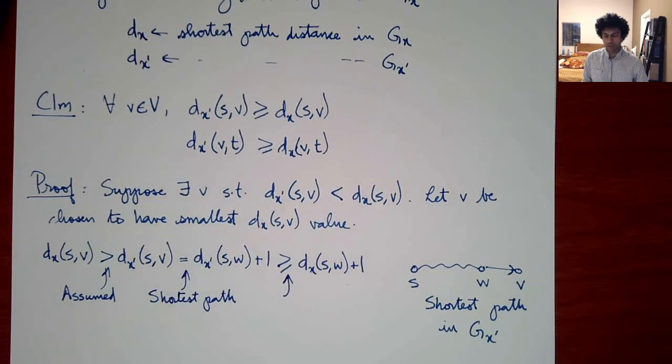Why do I get the third inequality? Any thoughts?